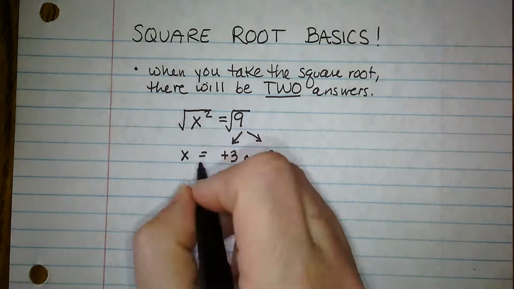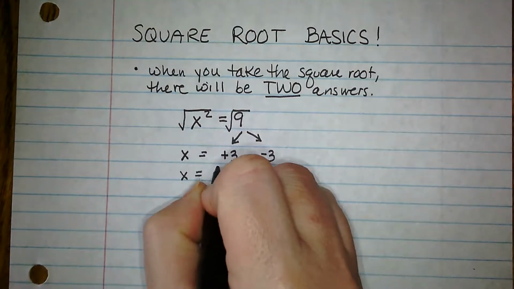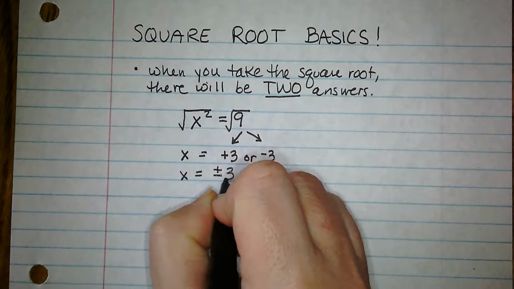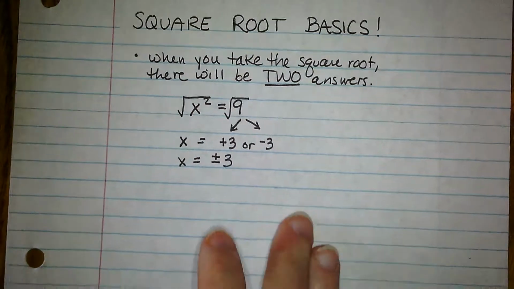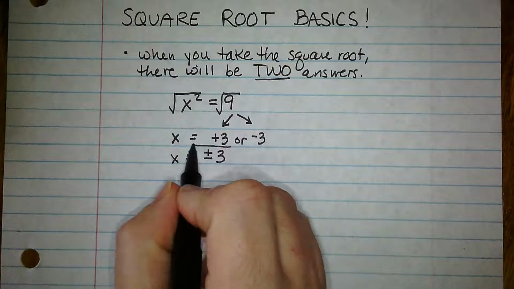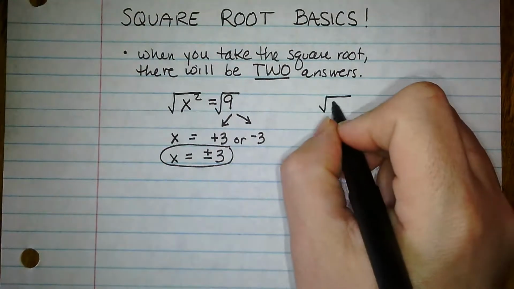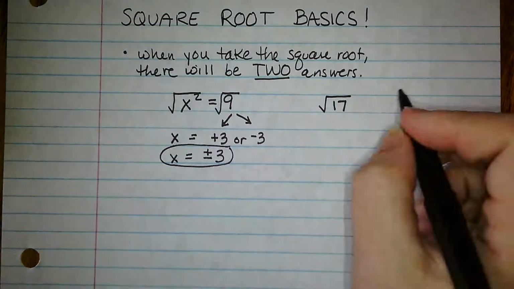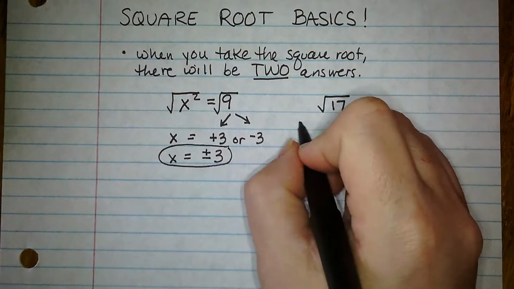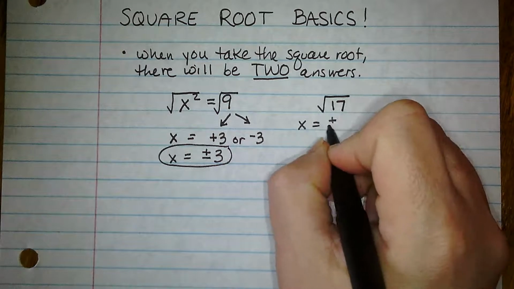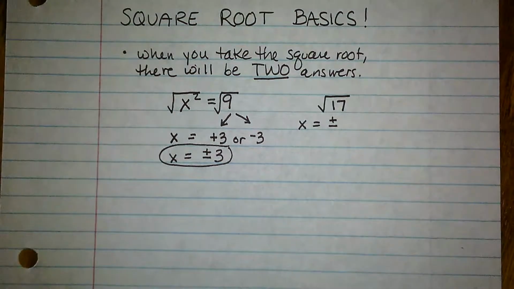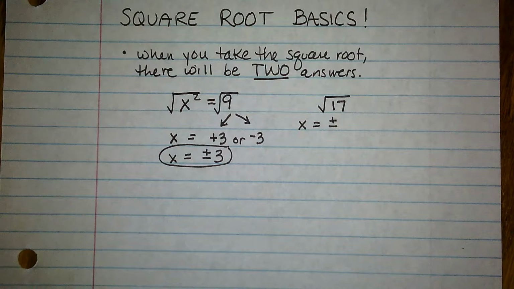Now sometimes it's written like this, plus or minus 3 in this case. So I would leave it like this. If I have the square root of 17, I would simply write my answer as plus or minus, and then I go to my calculator and I would type in square root 17 and round it.